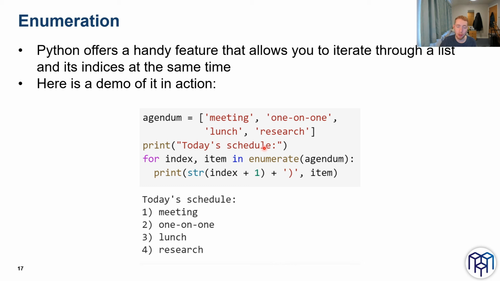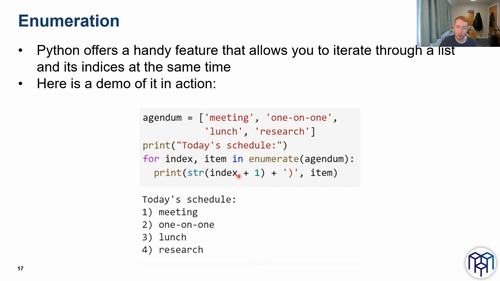And so rather than just looping through each item in a list, when we loop through an enumerated list, we loop through both the index and the item at the same time. The item is going to take on the values of the items of the list, and the index will take on the values 0, 1, 2, and 3. In the first loop, index is going to be 0, and item is going to be meeting, which is the 0th index.